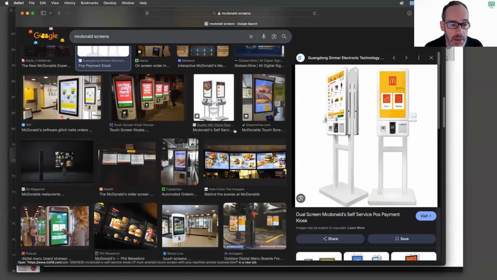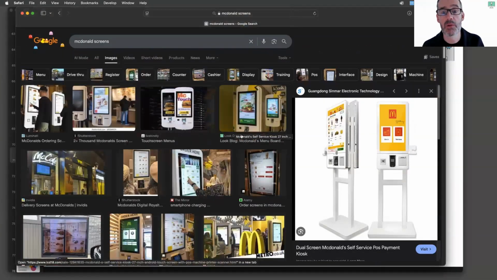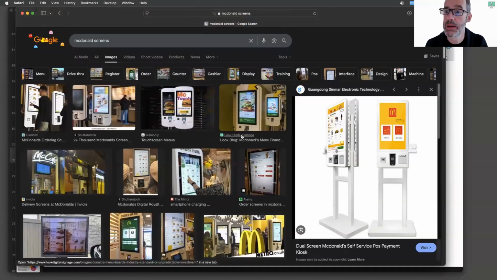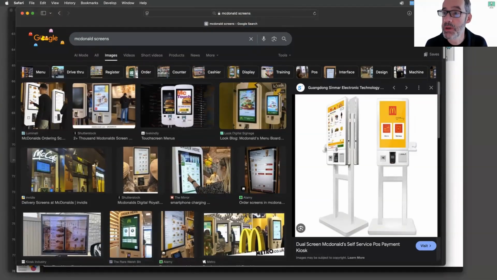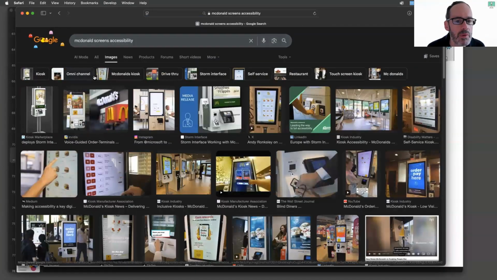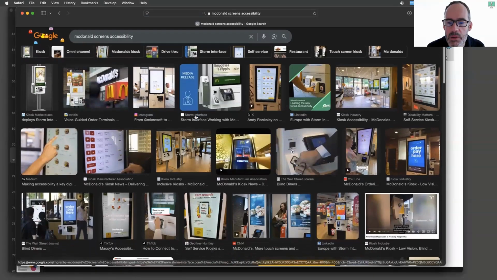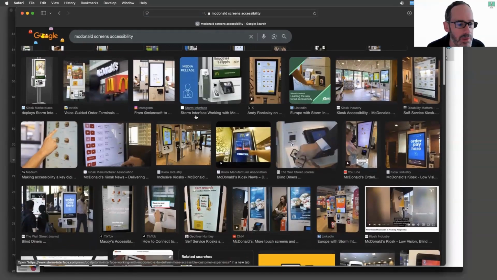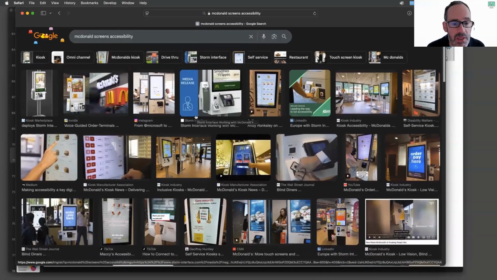I've never noticed, maybe there are machines that can use audio potentially. It's a pretty busy environment though, so audio might be difficult. I'm wondering if there is a machine for people who might not be able. I think the most sensible thing would be just to have a lower machine, wouldn't it?